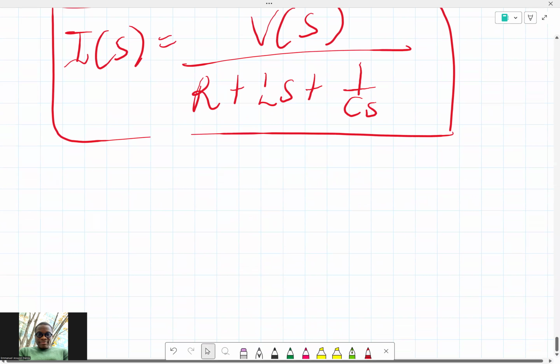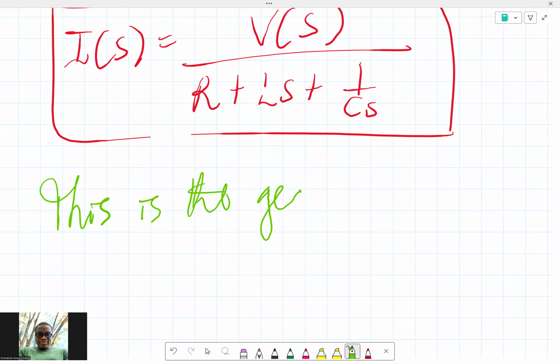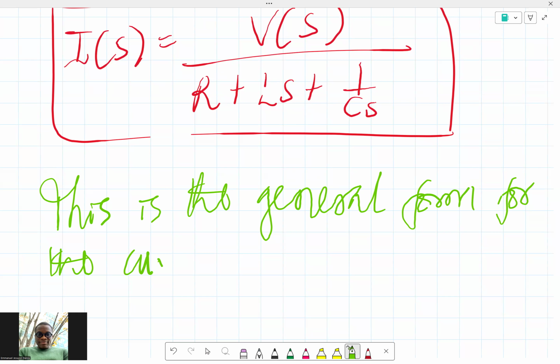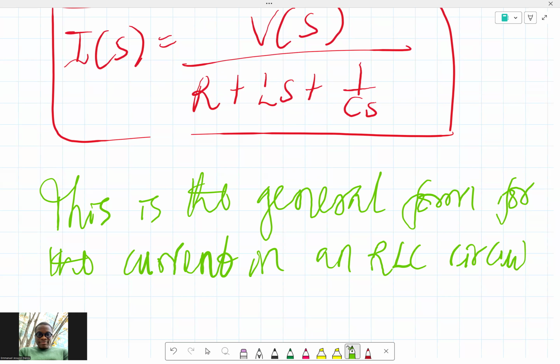So this is the general form for the current in an RLC circuit.